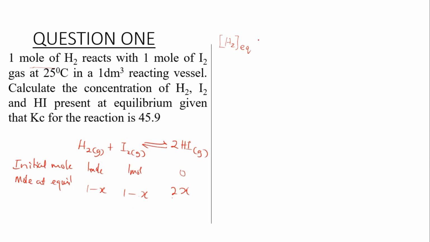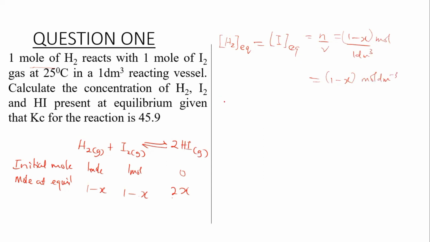So we can do both together so as to save time. So here at equilibrium, which is mole over volume, the mole of each of them is 1 minus X. Volume is 1 dm cube, right? So we divide, and that's going to give us 1 minus X mole per dm cube.